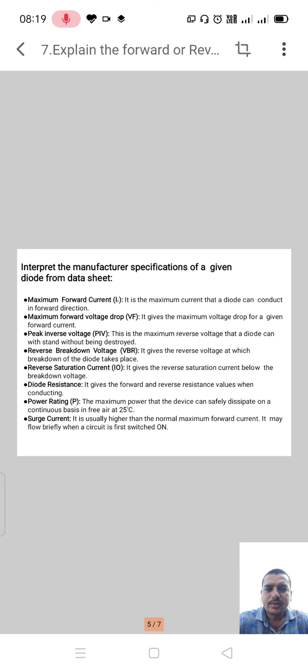Second one, maximum forward voltage drop, simply denoted as VF.